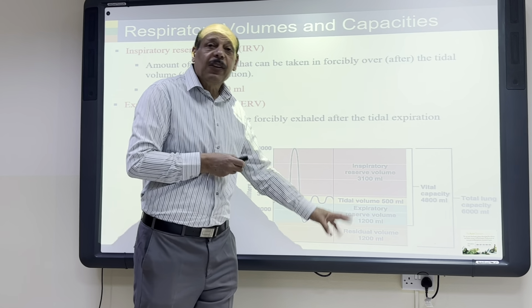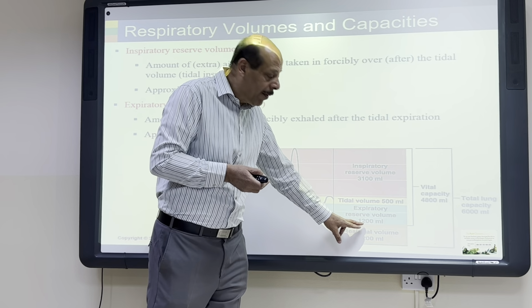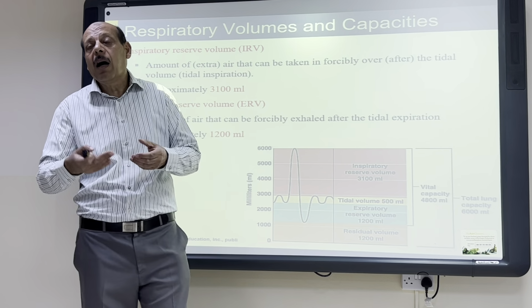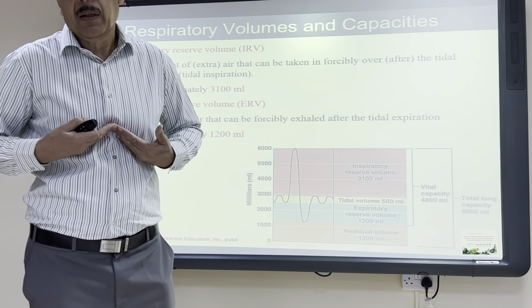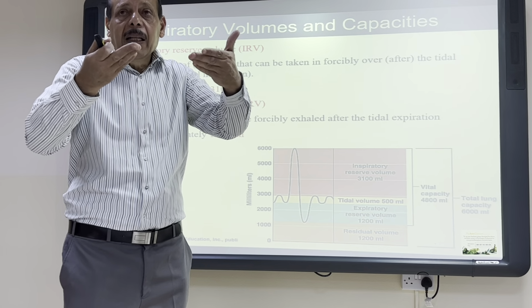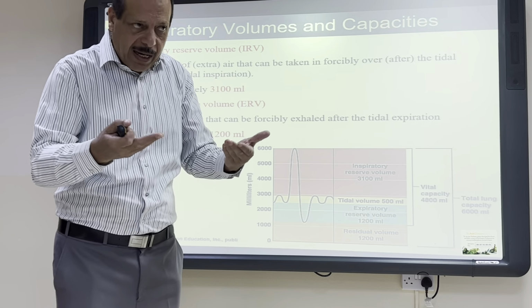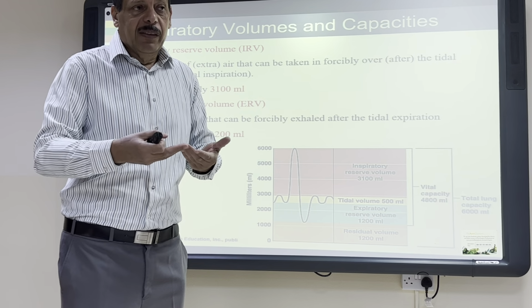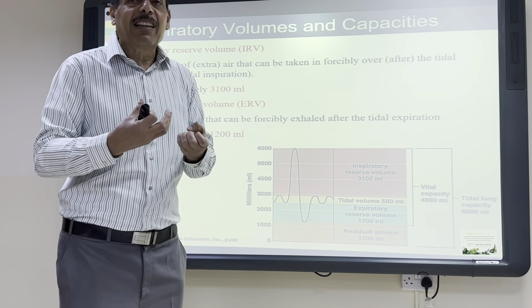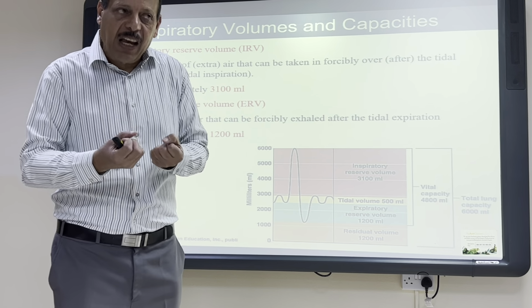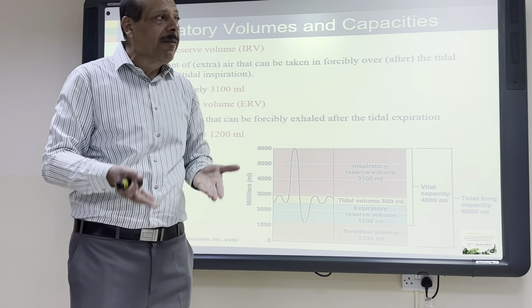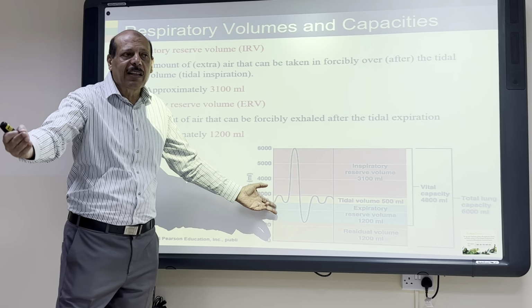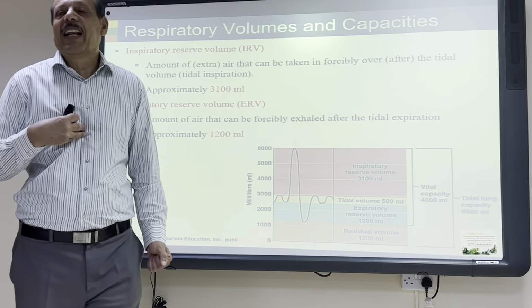So after normal breathing, there will be 2,400 ml of air remaining inside my lung. I can expel 1,200 ml forcibly by deep exhalation, by contracting the internal intercostal muscles and diaphragm more. By that, I can get out around 1,200 ml of air from my lung.